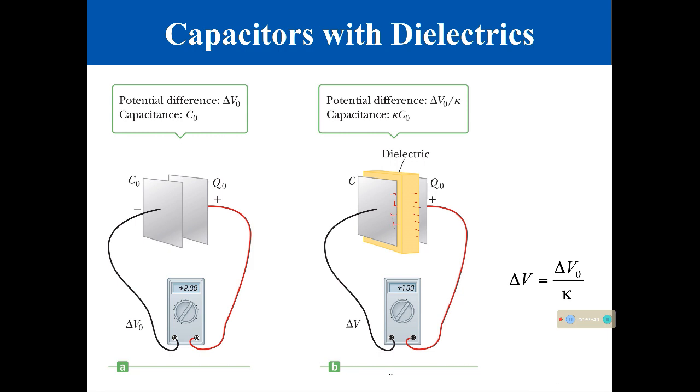Now, it's not actually moving through it because it's an insulator. But what are these positives now going to do to negatives in the wire? That's right. It's going to pull them on. And what are these negatives going to do to negatives in this wire? Push them further away, making this plate more negative and that plate more positive, meaning for the exact same voltage, we have increased the overall capacitance of the material.